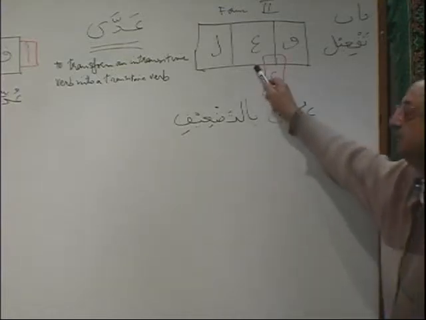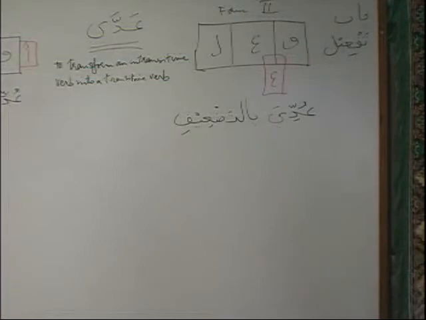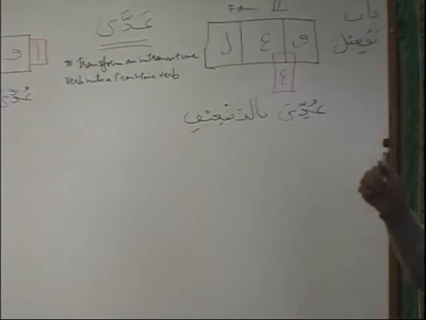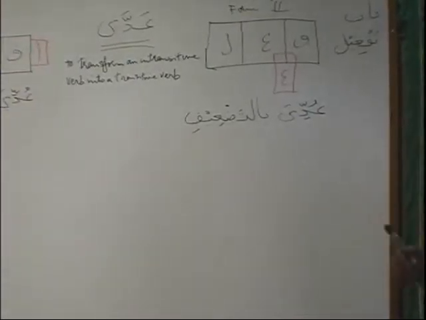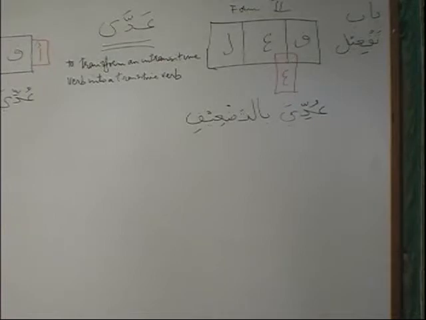You double the ain kalima. Then uddiya, that is the majhul of adda. Uddiya bil hamza. By adding hamza, you made the verb transitive. Adda means to make an intransitive verb into a transitive verb. So this is the main speciality of these two verbs. That is why we are studying them together, inshallah.